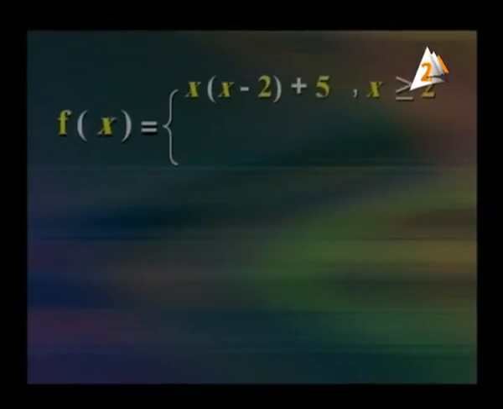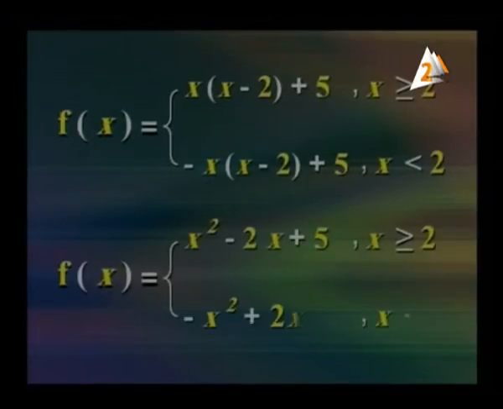Look at f of x. Dear student, we have absolute value of x minus 2. Then we solve the absolute value in two branches: x multiplied by (x minus 2) plus 5 when x is more than or equal to 2, and negative x multiplied by (x minus 2) plus 5 when x is smaller than 2.